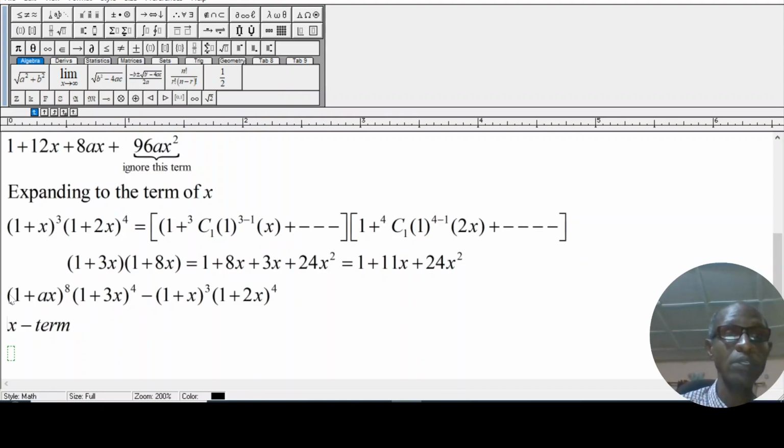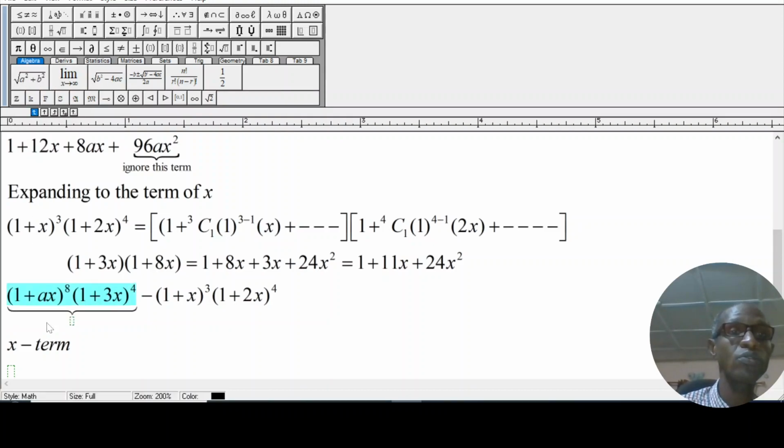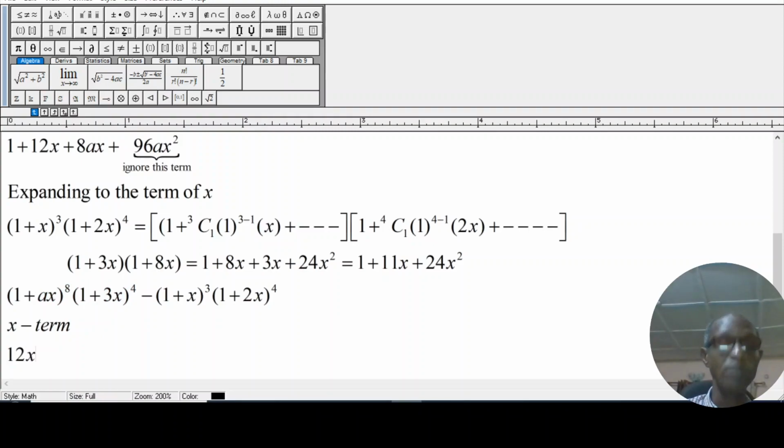So for the x term, we got this to be 12x plus 8ax.